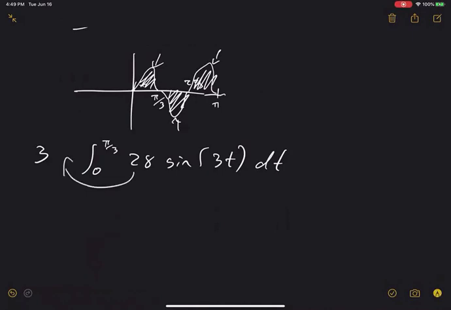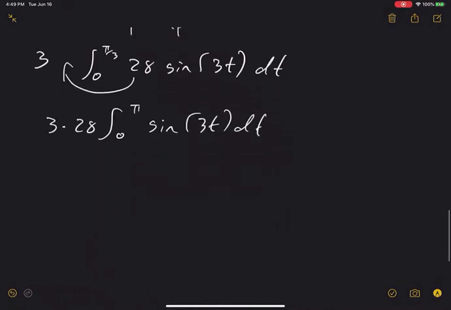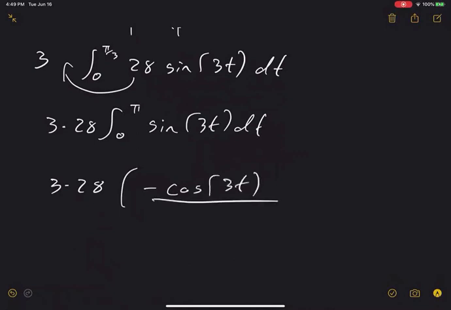So I have this. Pull the 28 out, and then the rest is just integrating. So 3 times 28. I integrate this, and it's negative cosine 3t over 3 from 0 to pi over 3.